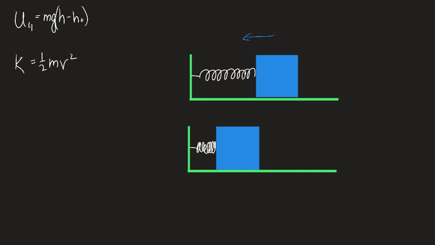This is another form of potential energy and is based on how far you compress the spring, and it's based on something called the spring constant. We use a lowercase k as the spring constant. Sometimes called the Hooke's law constant.